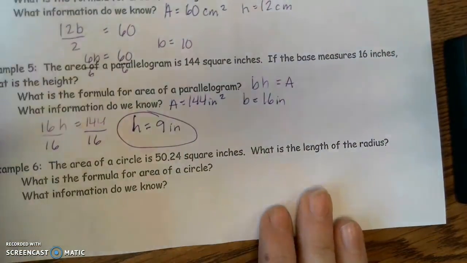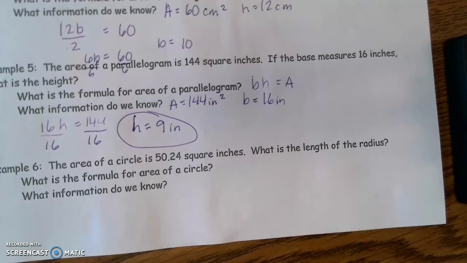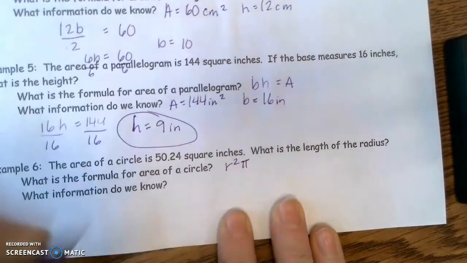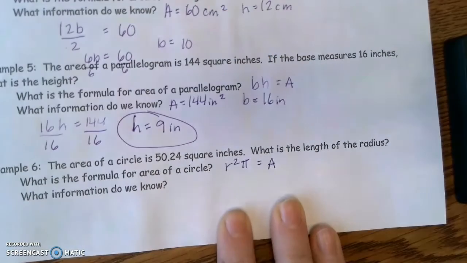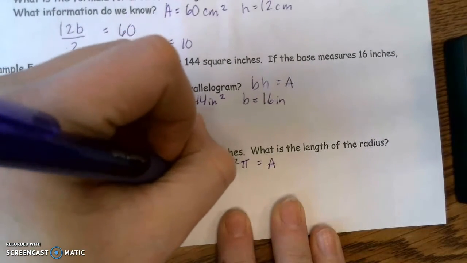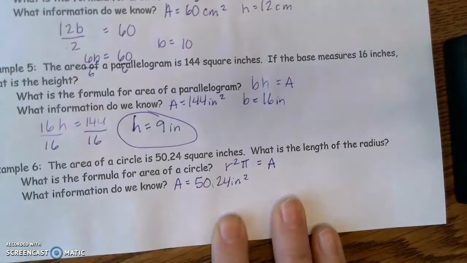All right, the area of a circle is 50.24 square inches. What is the length of the radius? So the area of a circle, we know it can be written as pi r squared equals the area. For this one, we know that the area is 50.24 inches squared.